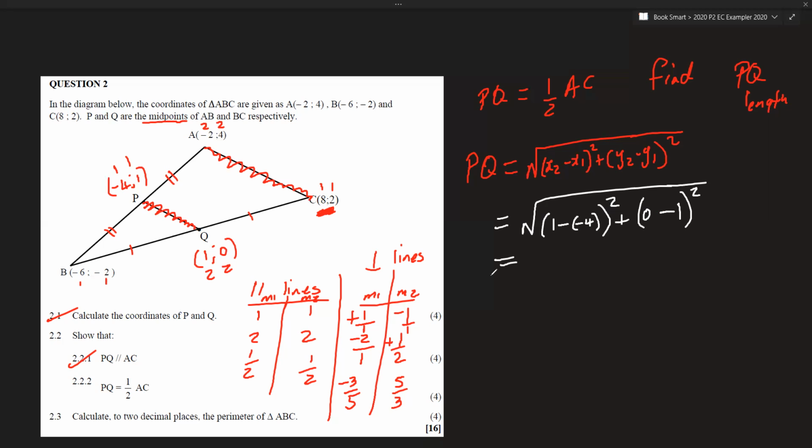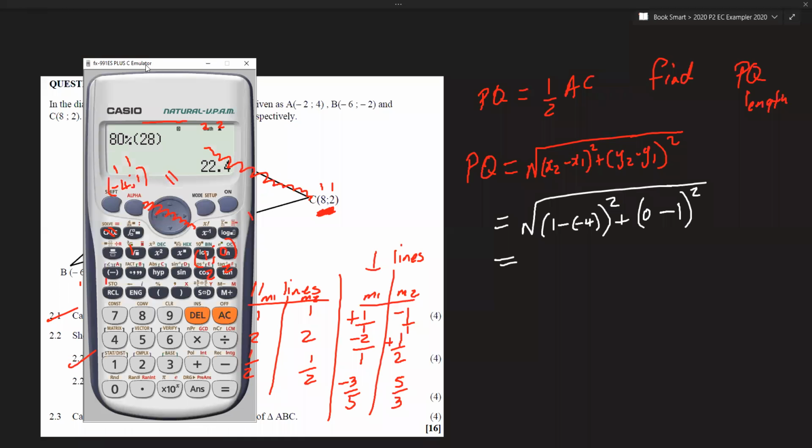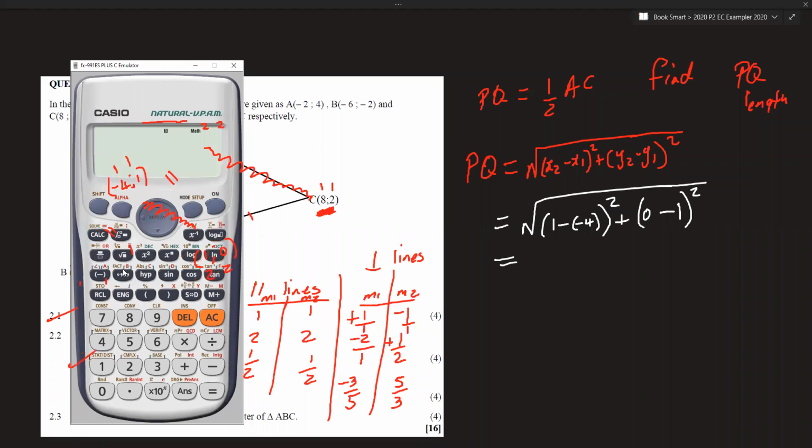Then we can easily type that on a calculator to get our answer, right? Let's do that quickly. Let's see what this gives us. Okay. So I'm going to have square root of bracket 1 minus 4 squared plus 0 minus 1 squared, right?